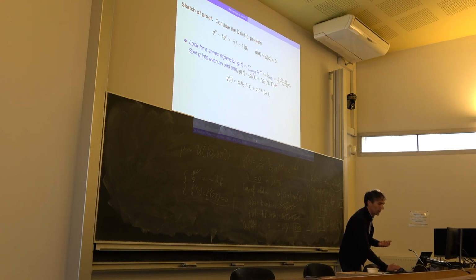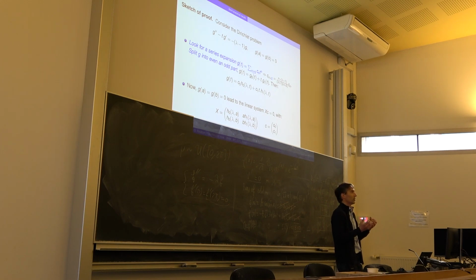Then you have a recurrence relation between the coefficients, and it gives you a basis of functions. Then again, we are going to use the Neumann conditions, or the boundary conditions. And here it's more difficult than in our example, because in our example, one of the coefficients was cancelling out. But in general, it is not the case.